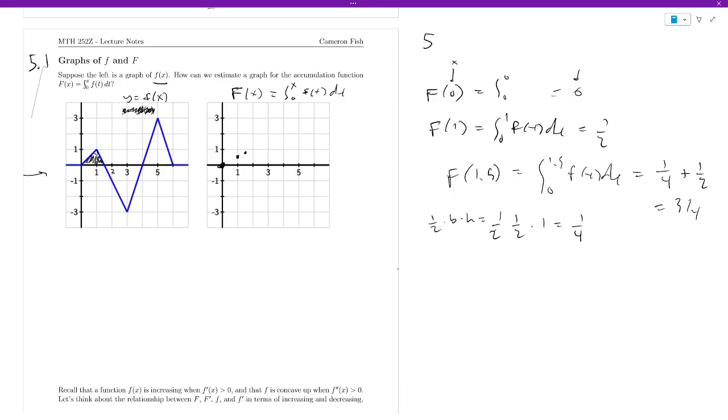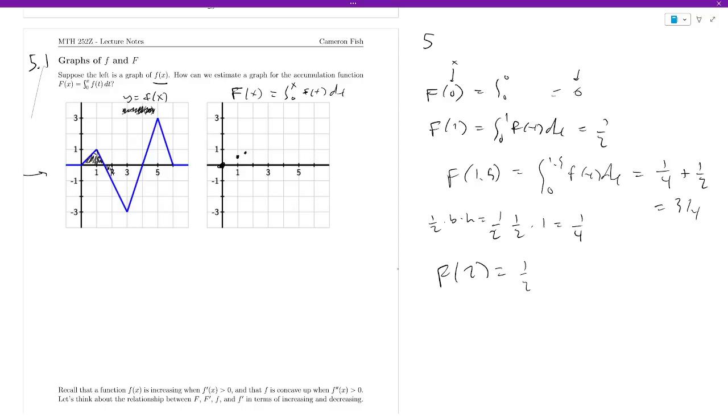But by the time I get to 1.5, if I go further, down to here, accumulating up to 2, say, I'm actually starting to accumulate negative area. Remember, the area that's under the axis counts as negative. So if I go up to F of 2, I'm actually going to get back to 1/2.